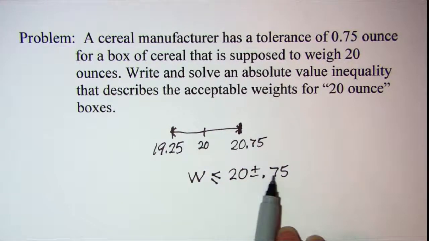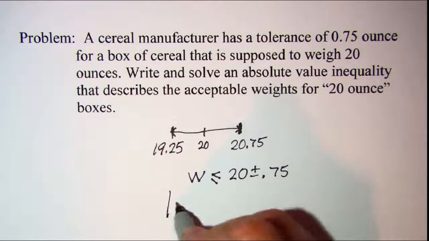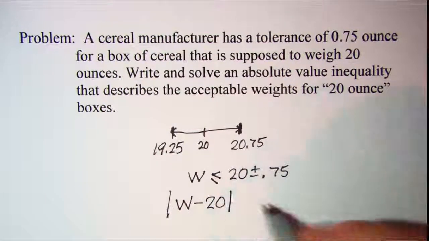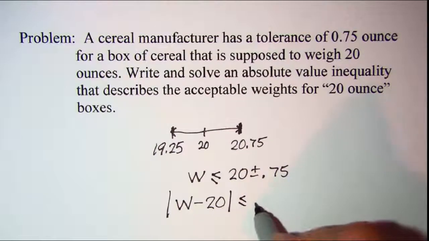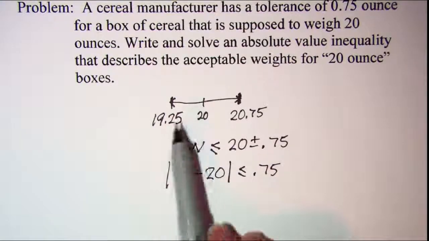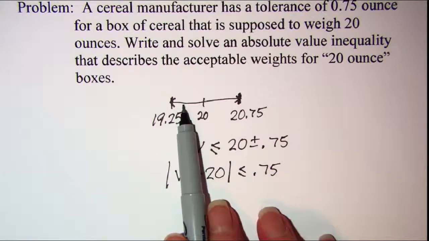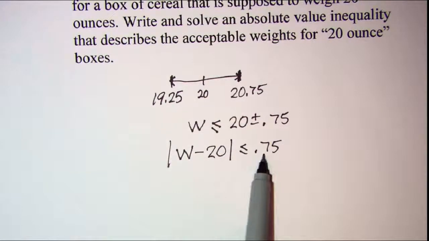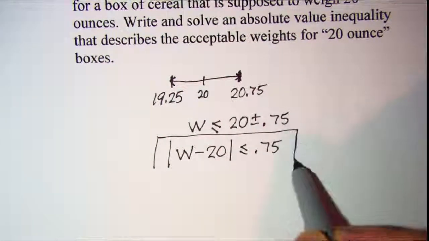So if I subtract that 20 off and I have my absolute value, that's the absolute value statement, and that has to be less than or equal to 0.75. So I kind of went about this backwards. For me, this makes more sense. But now, this would be our absolute value inequality statement.